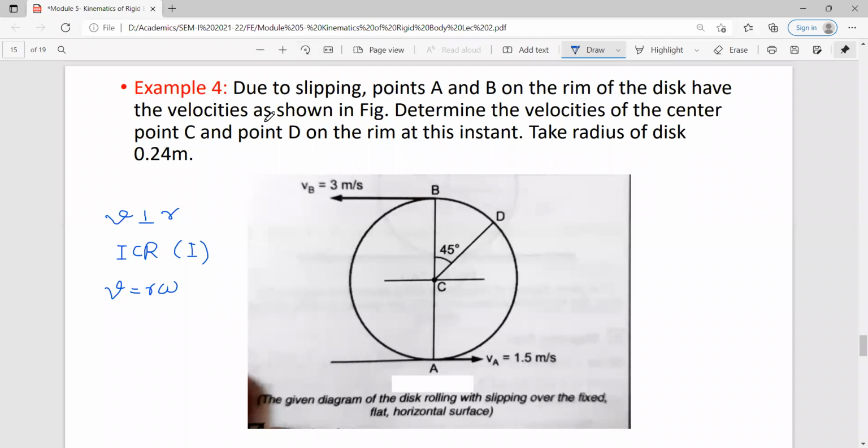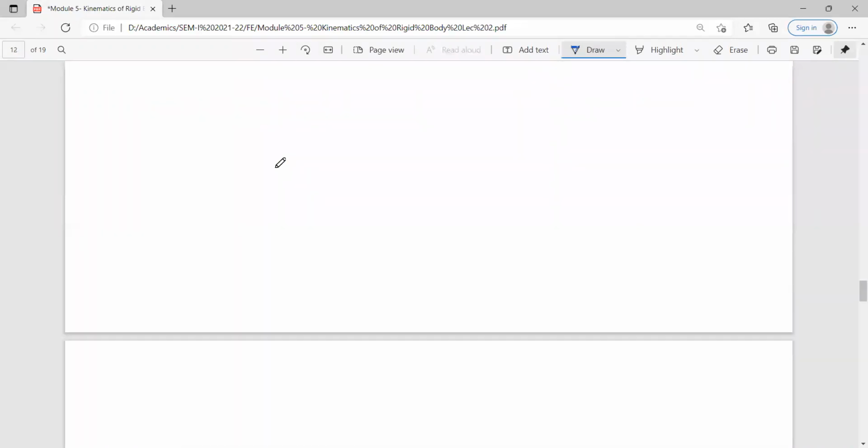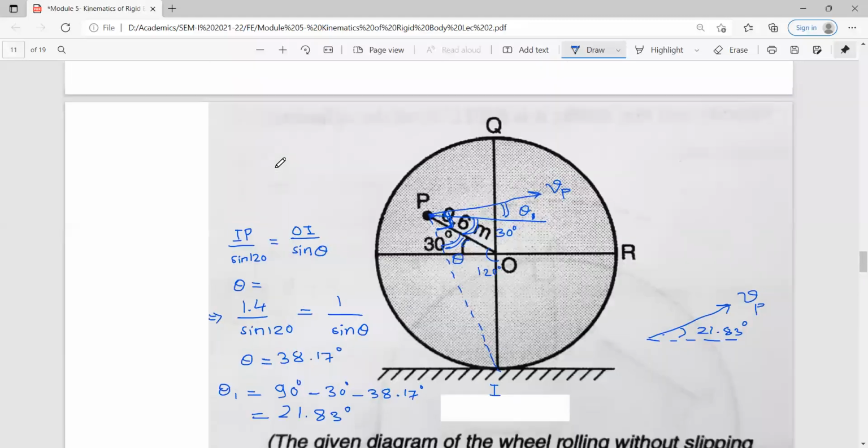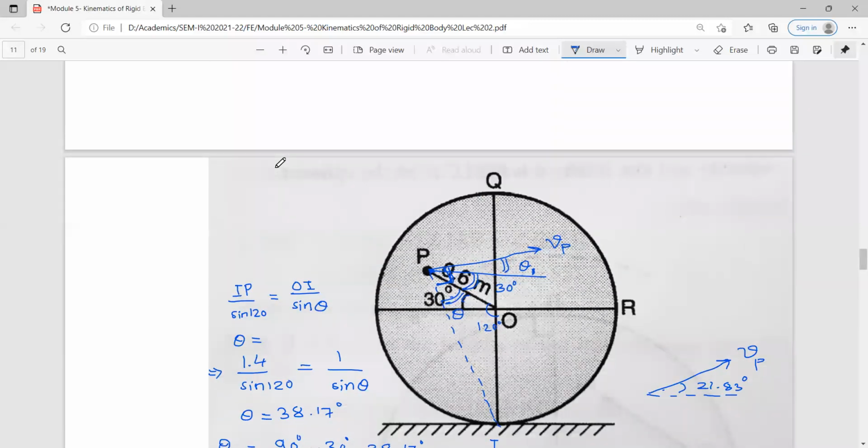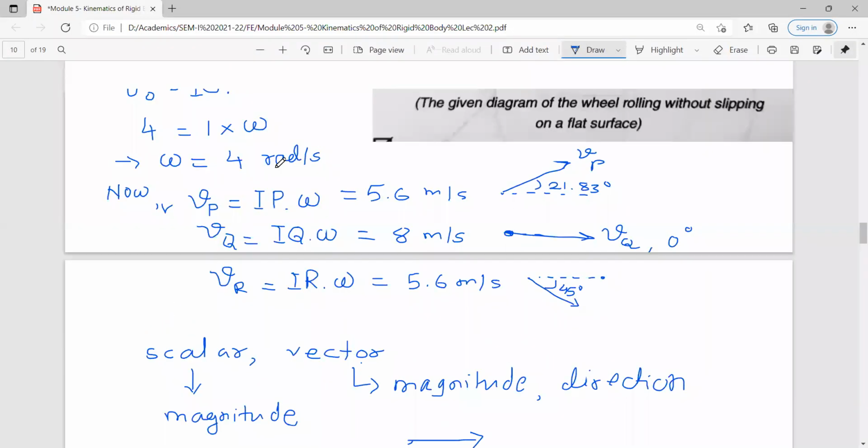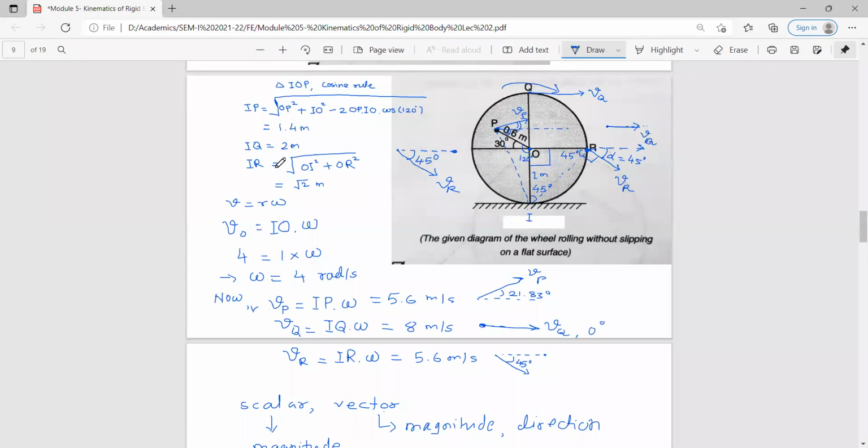And the syllabus which is given by Hemant sir. Sir, can you show the previous sum for 1 minute? Previous sum. Here. Okay, so this one.